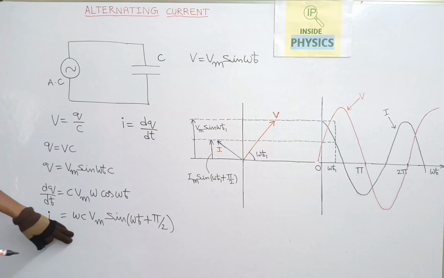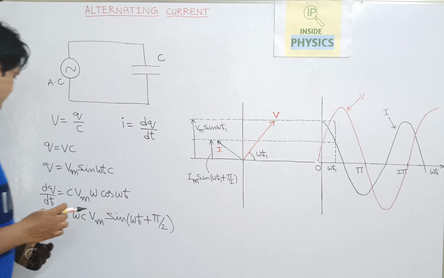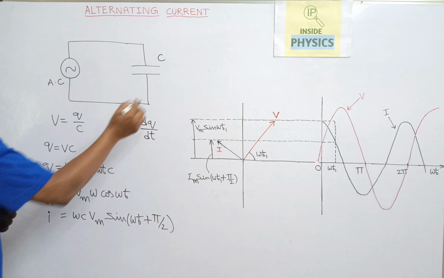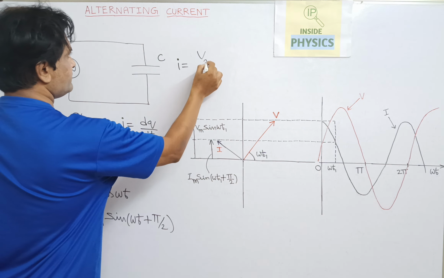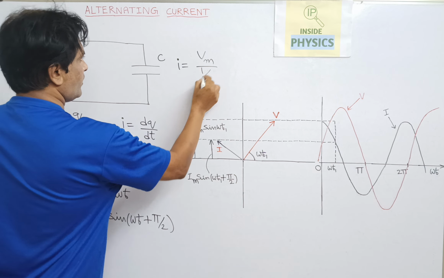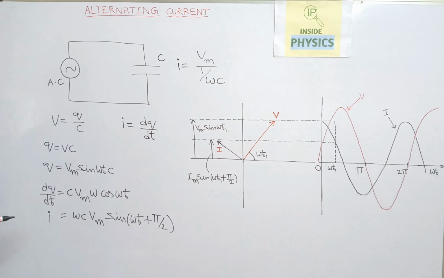So here this can again be rewritten as I is equal to Vm by 1 by omega C, where omega is the angular frequency of the alternating current, C is the capacitance.